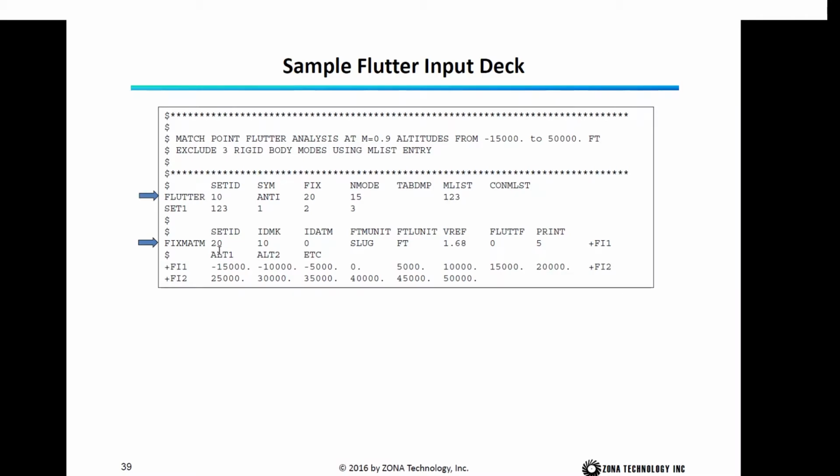In the FIXED MTM, this is the match point flutter analysis card, and then you list out the altitudes from below sea level to 5,000 feet, and the MLIST entry 1, 2, 3 refers to a SET1 card with ID 1, 2, 3. So you list out 1, 2, 3. So the first 3 modes will be excluded from the flutter analysis.